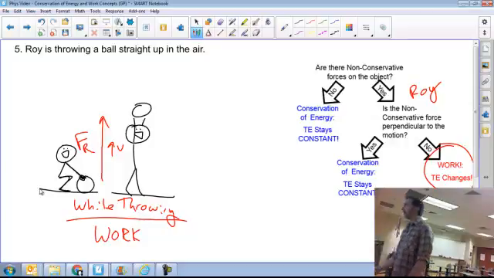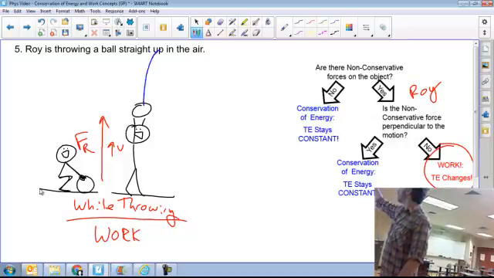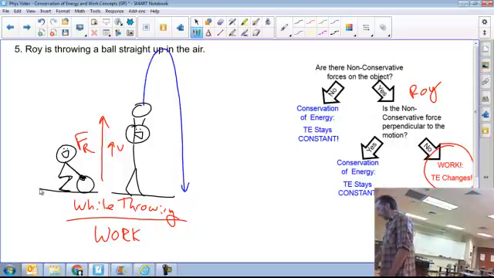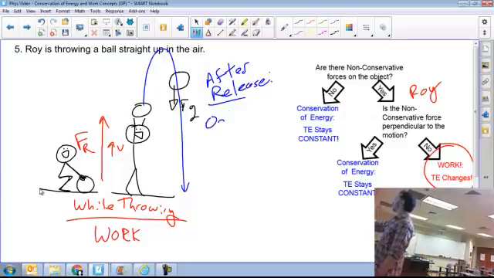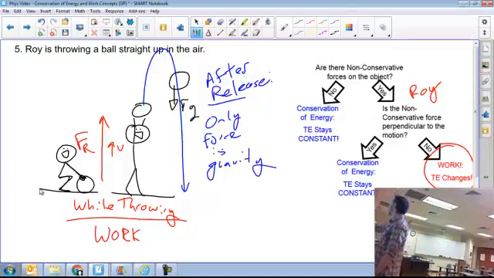But then, after he lets go of it, after release, the ball goes up and comes down, right? But the entire time that it's in the air, the only force on it is gravity, right? So after he lets go of the keg, the only force is gravity. So after he lets go of it, it's a conservation of energy problem.